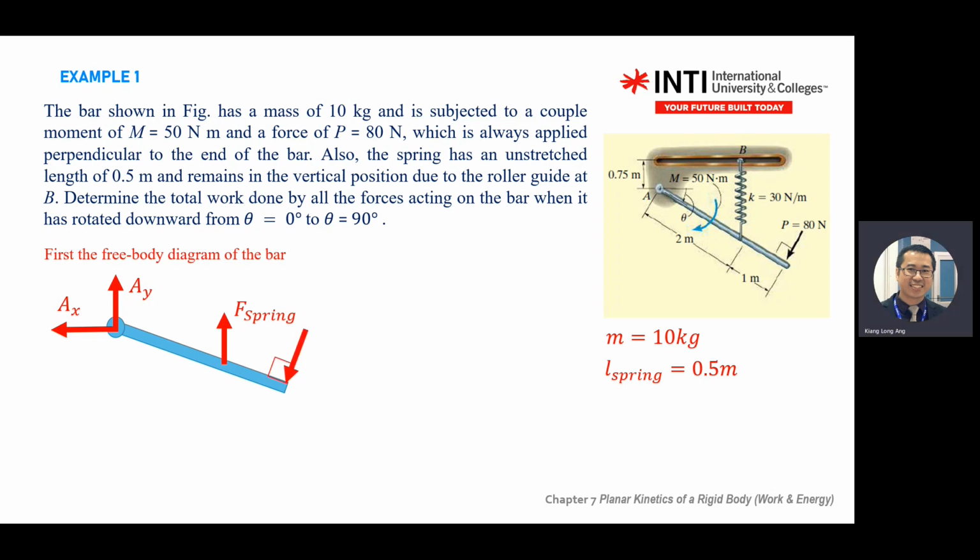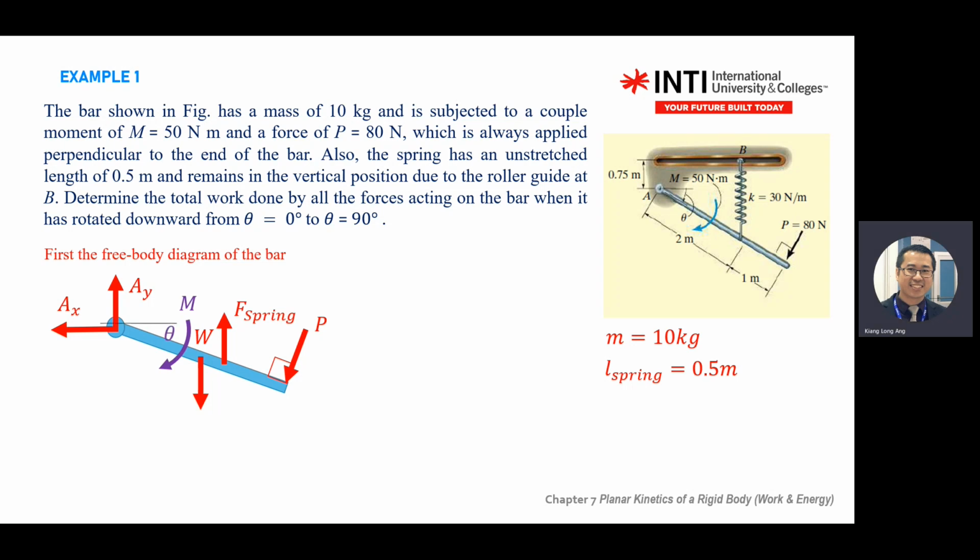Then P always perpendicular. Then this is the one that you always forget, your W at the center of gravity. What else is missing in the free body diagram? Moment. We need to put in moment. Okay, I think we have all.